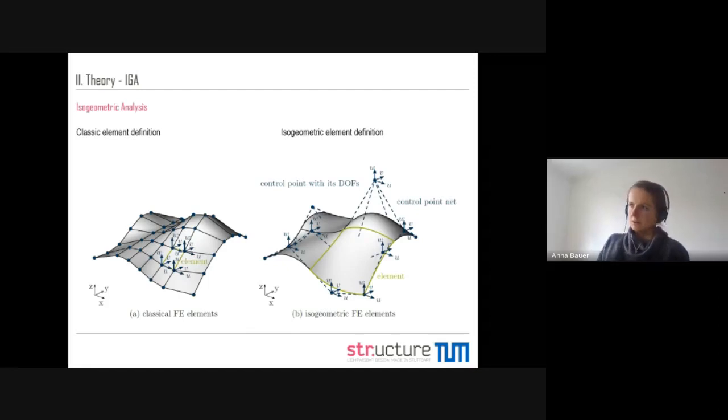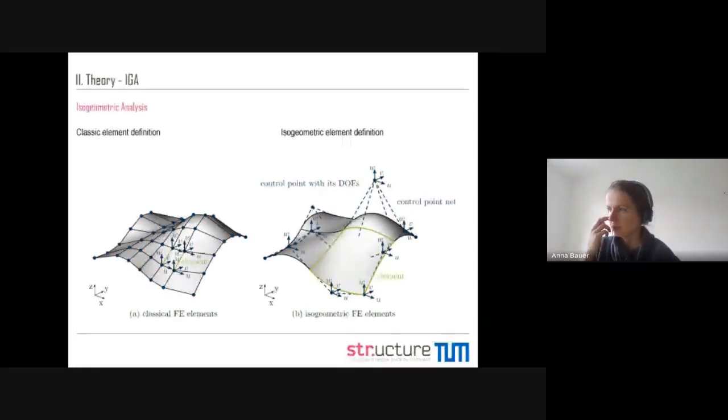So going then to isogeometric analysis. On the left, you can see the classic approach with the polygonal mesh, and the degrees of freedom are on the nodes of the polygonal mesh. An element is just the part in between the polygonal edges.